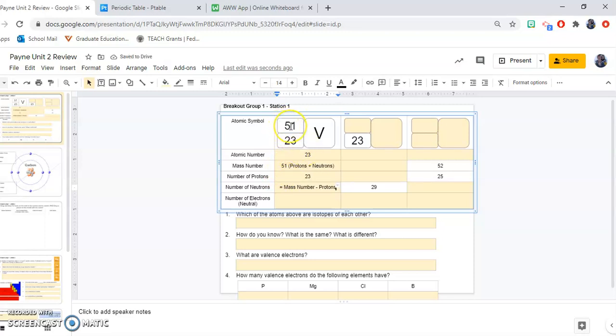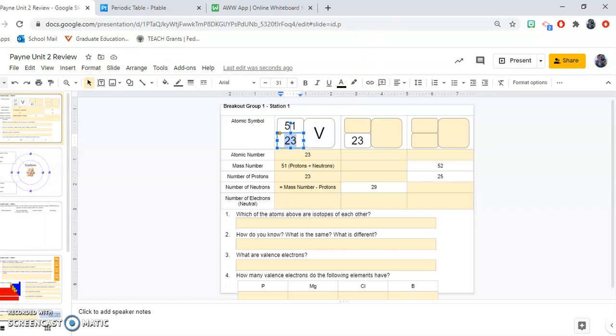That's because, think of it as a pie. Part of the pie is these 23 protons, and the other part is going to be our neutrons. So if the entire pie is 51, we need to take away our 23 protons in order to be left with just our neutrons.